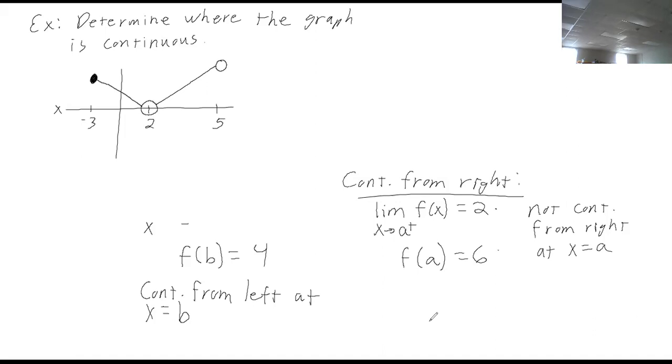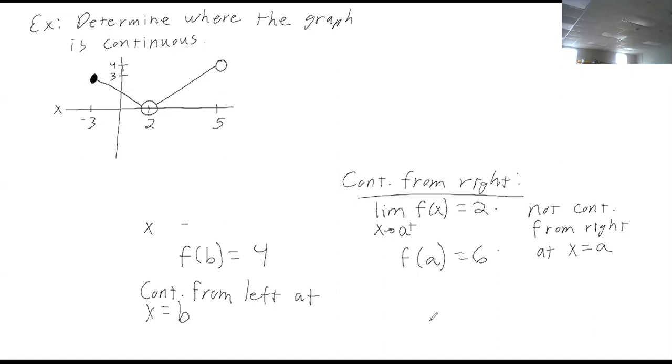Up here, this is maybe 3, and right here, maybe that's 4. What do they want us to do? Determine where the graph is continuous. So where is it continuous?